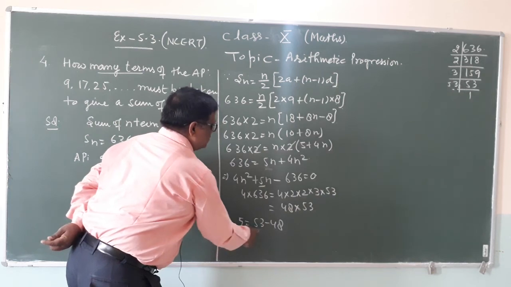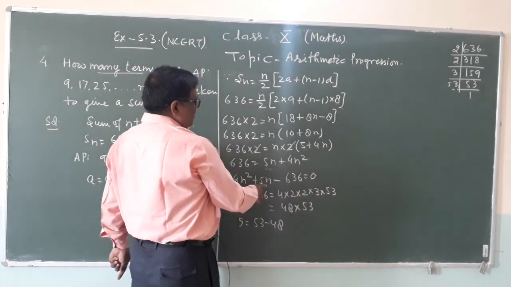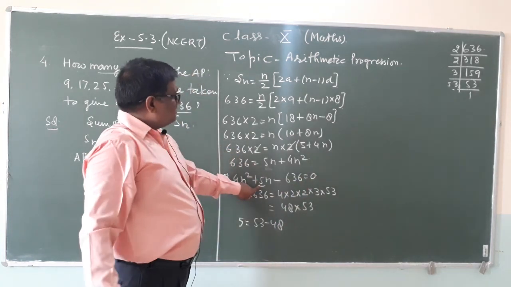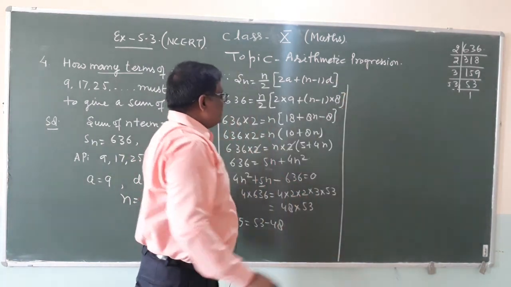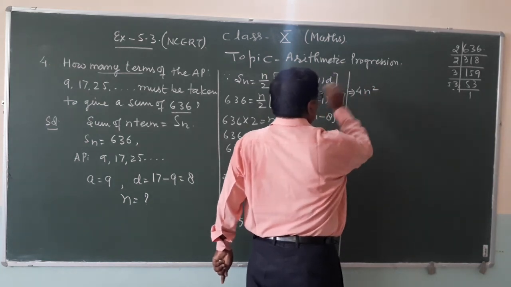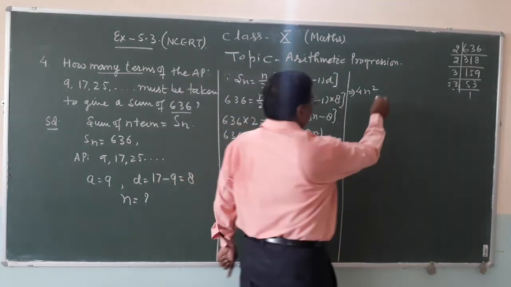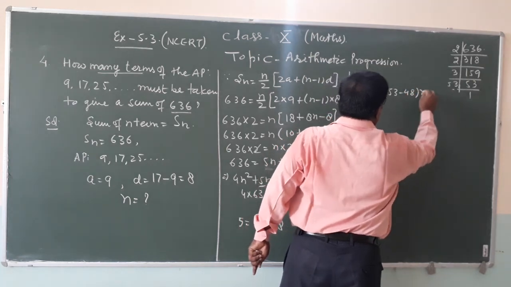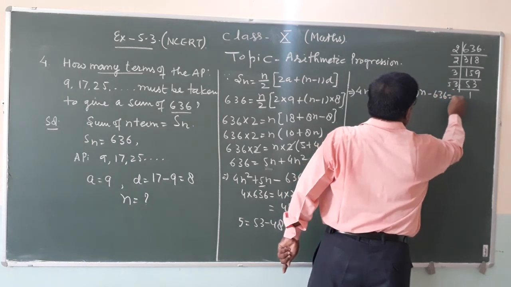Put 5 equal to 53 minus 48 in the equation 4n square plus 5n minus 636 equal to 0, in place of 5. This implies 4n square plus (53 minus 48) into n minus 636 is equal to 0.